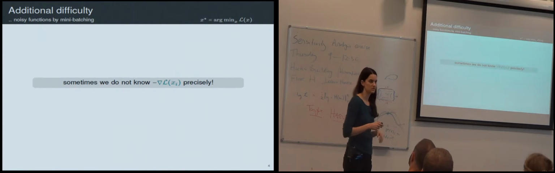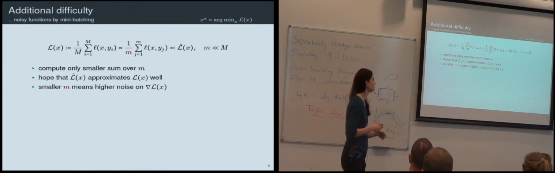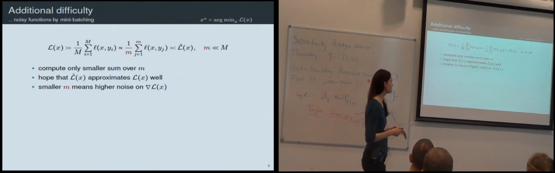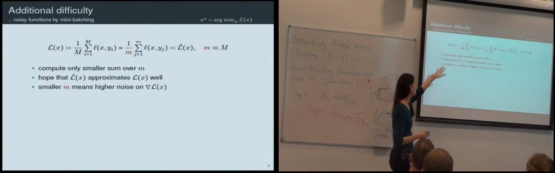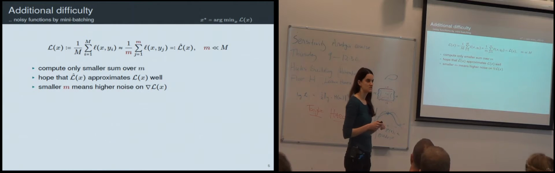There's sometimes one additional difficulty, which is that we do not know the gradient precisely, or we do not know the function value precisely. And then this is normally called stochastic optimization. There's one reason why this happens. Often your L, so your loss function that you want to minimize, is actually a large sum.